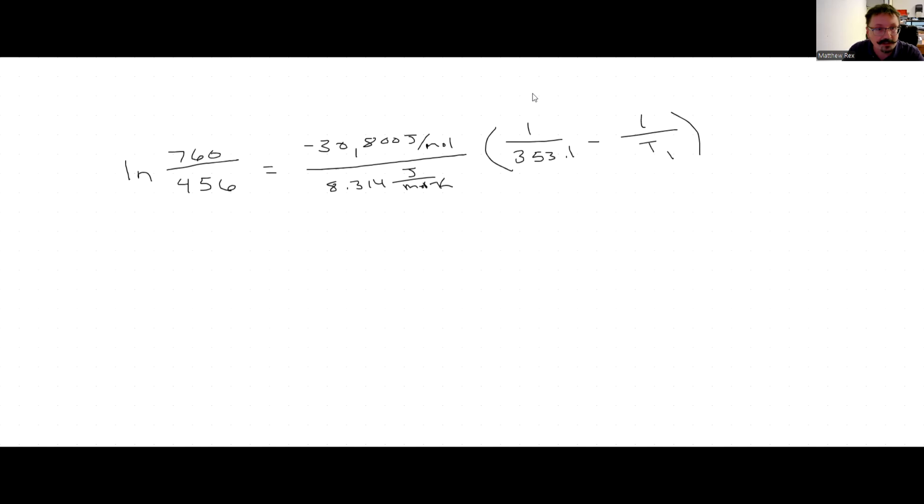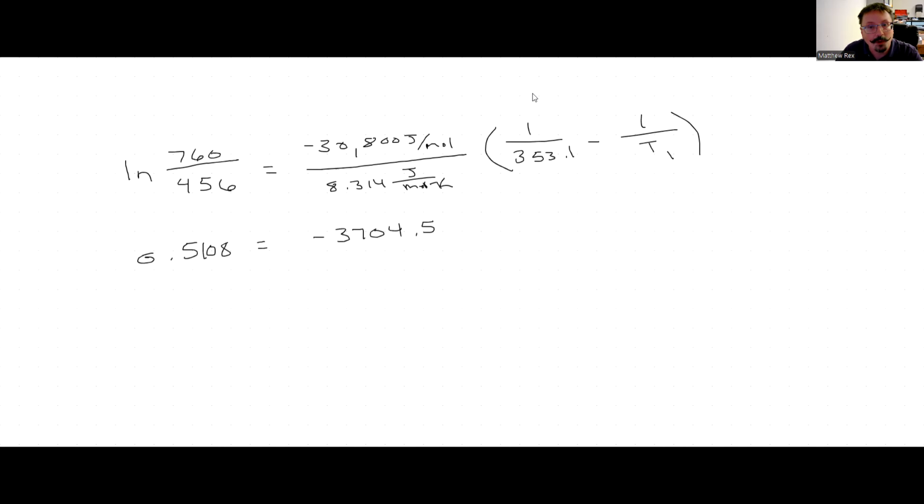So if I take 760 divided by 456, I get 1.67. I take the natural log of that, and I get 0.5108. Now, if I take my 30,800 and divide by 8.314, I get negative 3704.59.